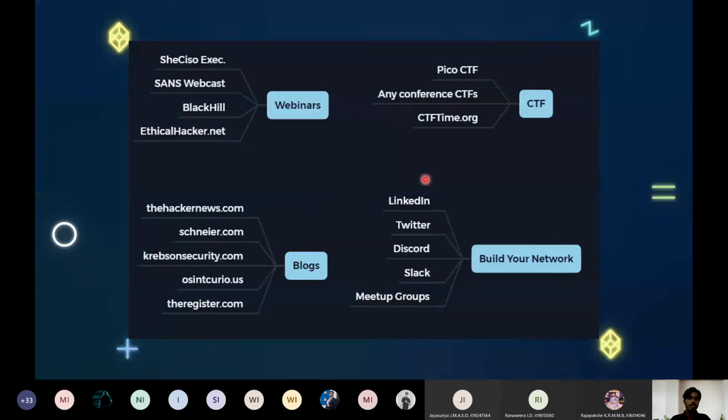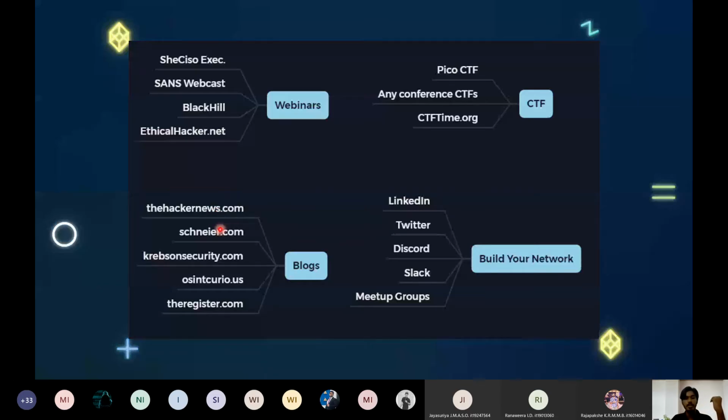So the next part is about reading blogs. These are very limited. I've only listed 5 blogs here, but there are a lot of blogs from a lot of people all over the world, because this is a community you are part of, and they help each other and share their knowledge. The Hacker News is somewhat famous among us. They have weekly news on cybersecurity incidents happening all over the world.